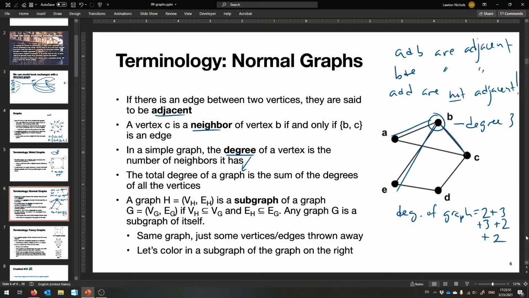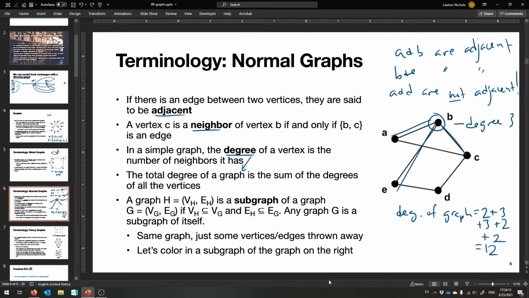So 2, 4, 6 plus 6 is 12. So this entire graph has degree 12, we say. And that's just a way of explaining in one number how complicated a graph looks, kind of. So that is degrees for both vertices and for graphs.